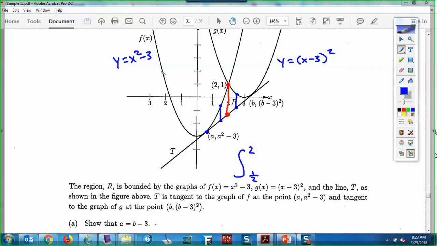And it'll be the top curve, which is this one, x squared minus 3, minus the bottom curve, which is this line. And what did we have? We already did this. What was the equation of that line? We did that down in part B or C, I think. x minus 13/4. Was it x minus 13/4?